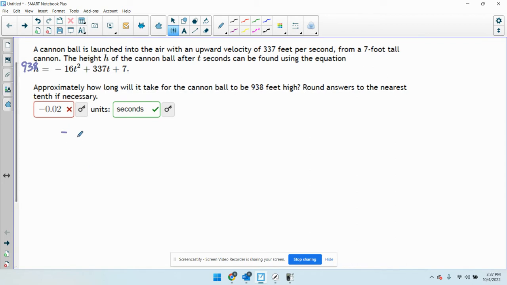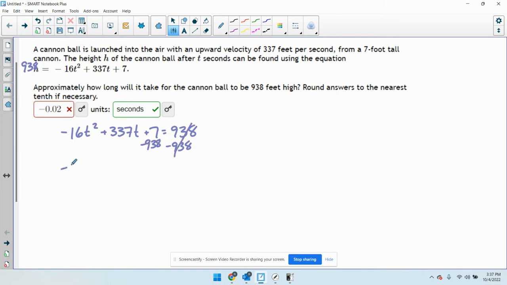That's going to be negative 16t squared plus 337t plus 7 equals 938. In order to solve this quadratic, I'm going to have to get everything onto one side, so I'm going to subtract 938.